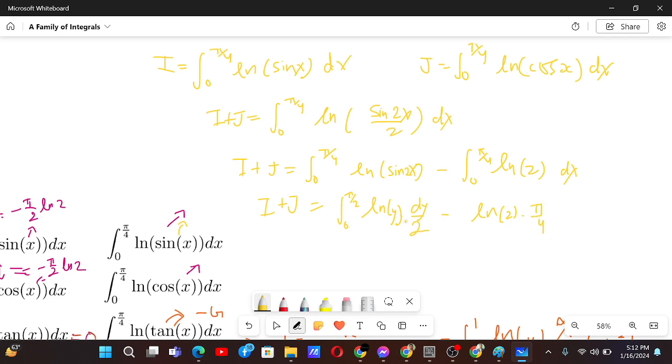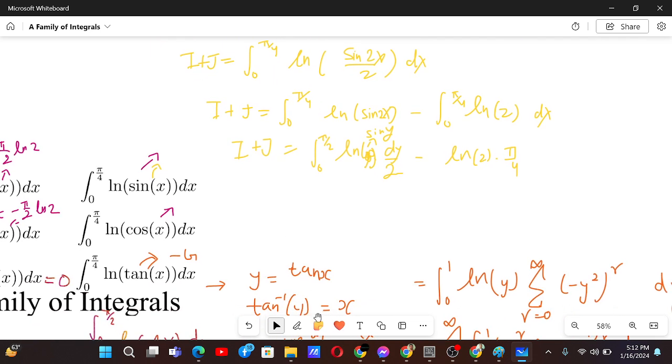And over here, this is not y, this is sin y. Okay, now this is a known integral. Now I plus J equals 1 by 2 of the integral from 0 to pi by 2 of ln sin y dy, which is just here.